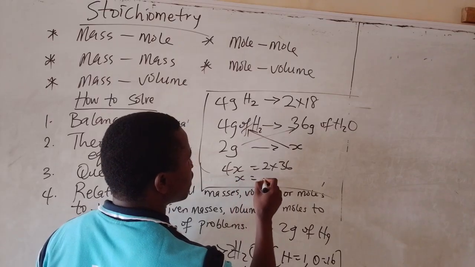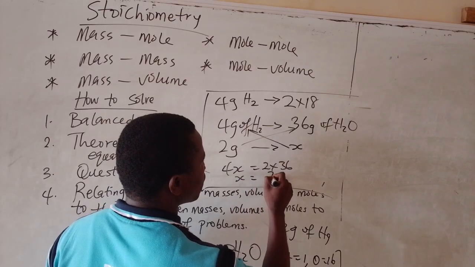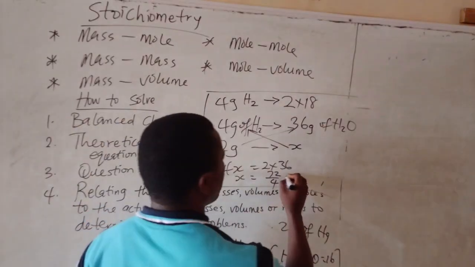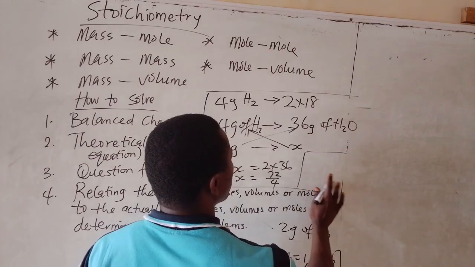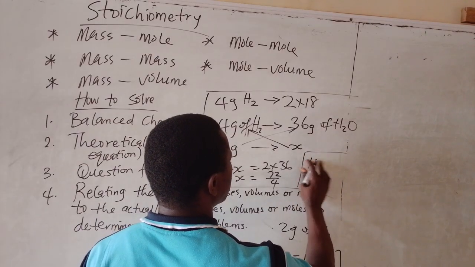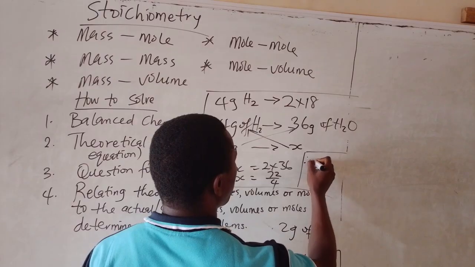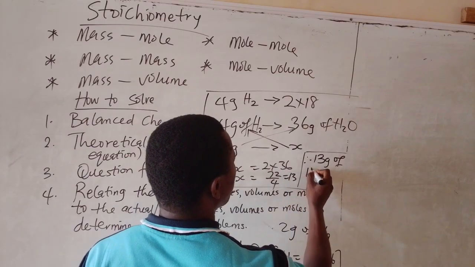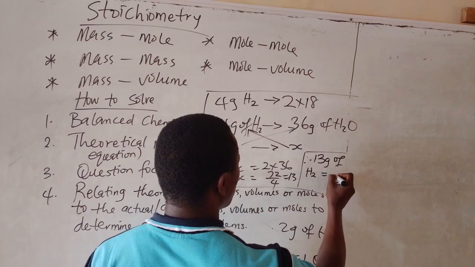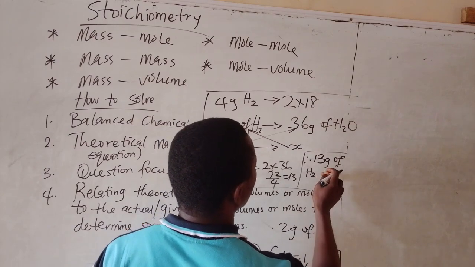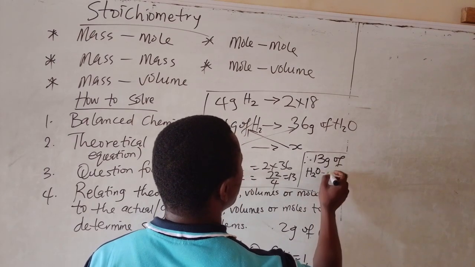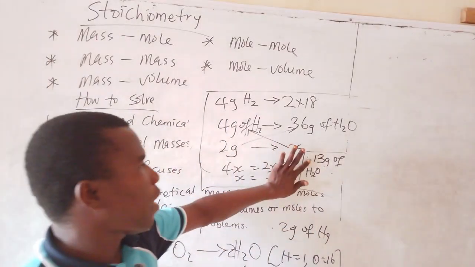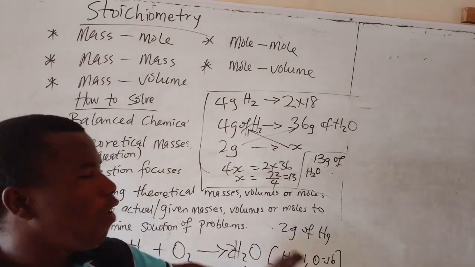Finding the value of X, 2 times 36 gives 72 over 4, which is 18. Therefore 18 gram of water will be produced by 2 gram of hydrogen.